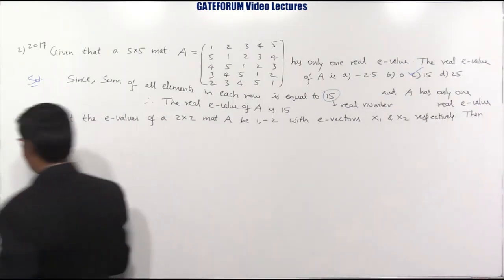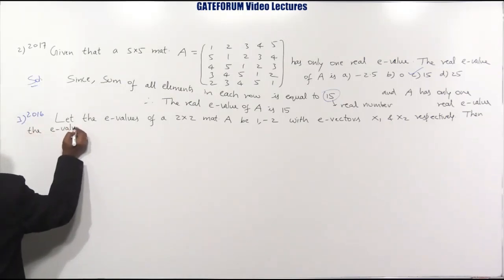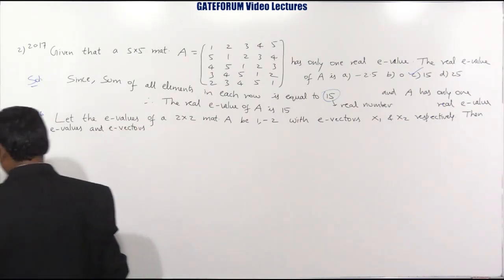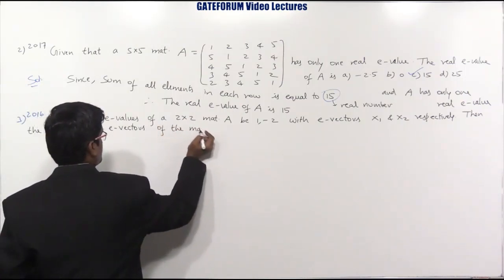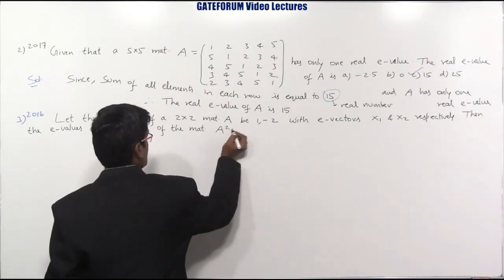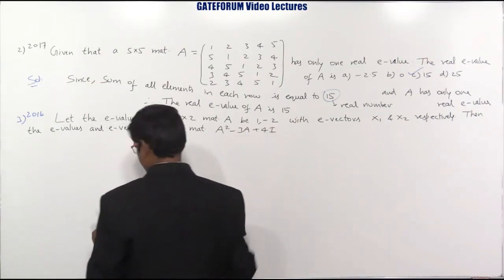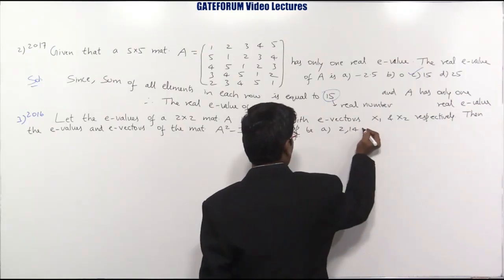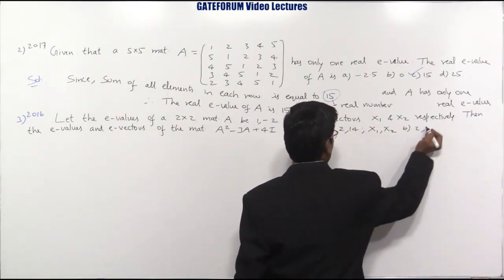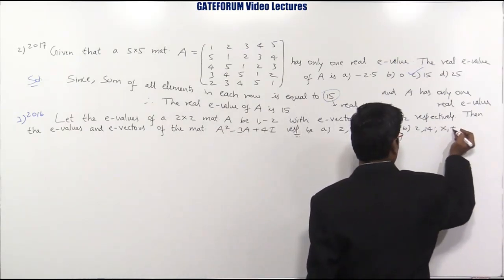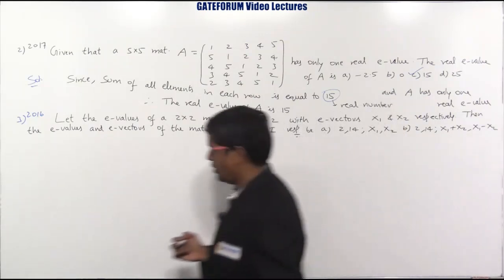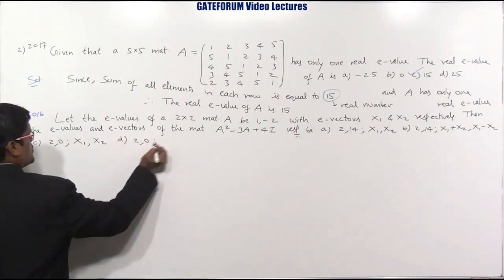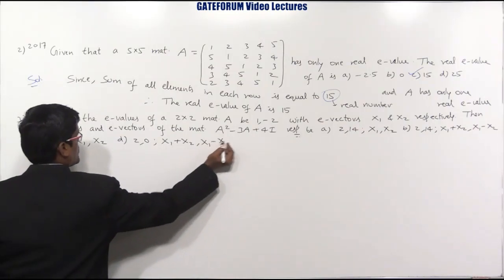then the eigenvalues and eigenvectors of the matrix A square minus 3A plus 4I respectively are, options: A, 2, 14 and x1, x2; B, 2, 14 and x1 plus x2, x1 minus x2; C, 2, 0 and x1, x2; D, 2, 0 and x1 plus x2, x1 minus x2.